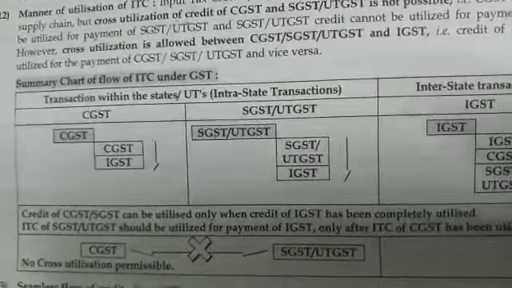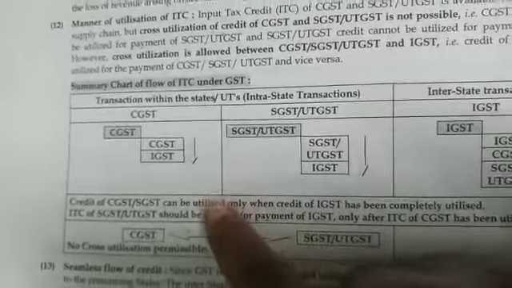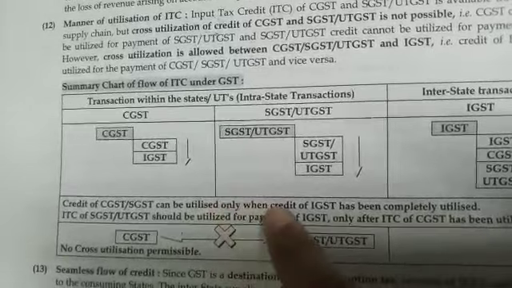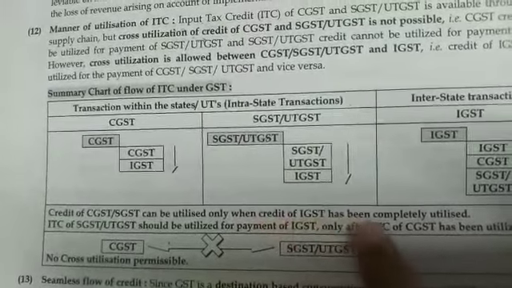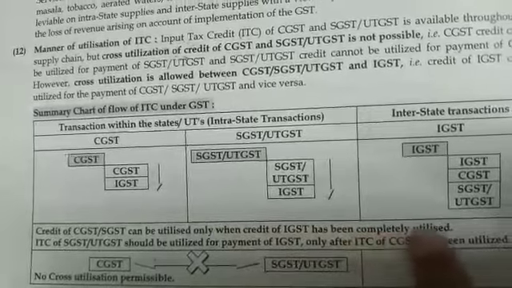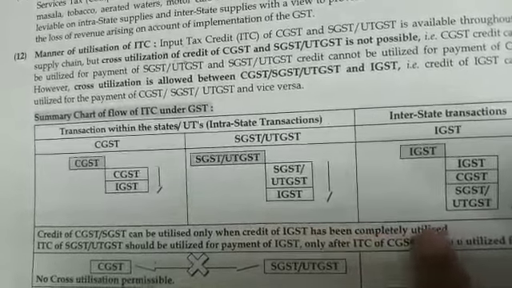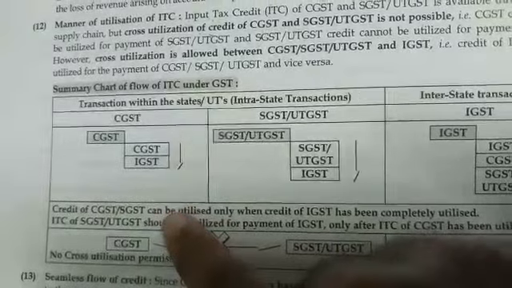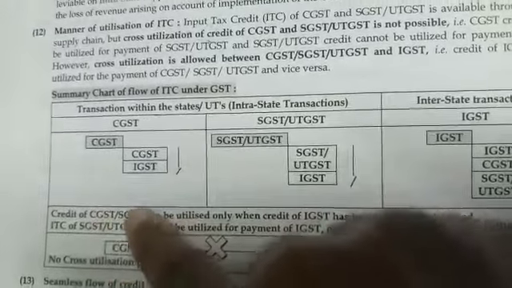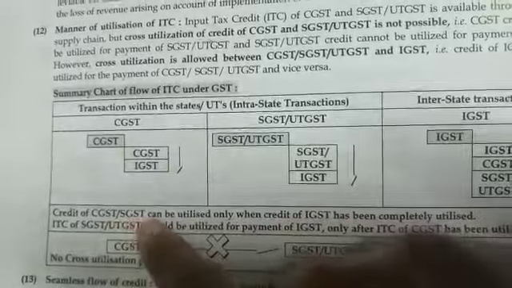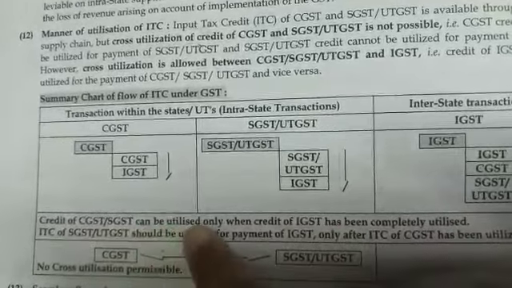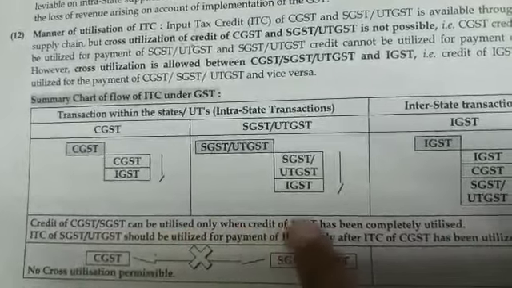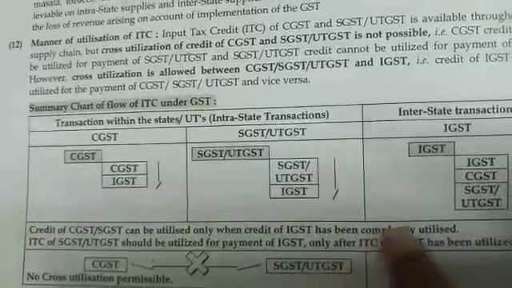Here, the credit of CGST and SGST can be utilized only when the credit of IGST has been completely utilized. That means here it is very important, it is very crucial that credit of CGST and SGST can be utilized only when the credit of IGST has been completely utilized.